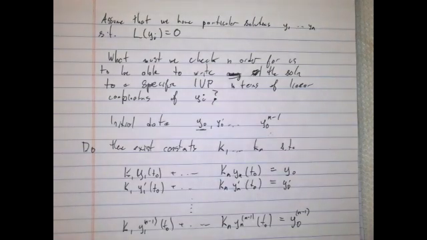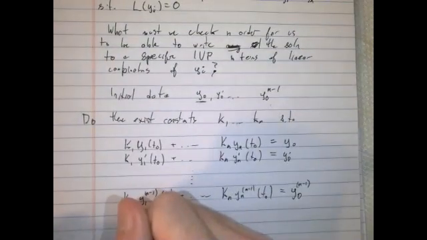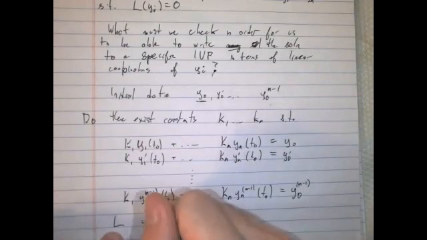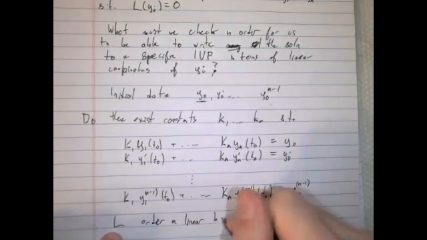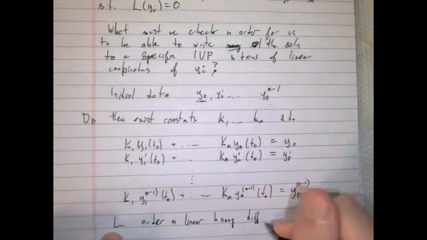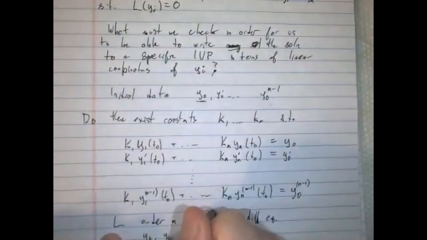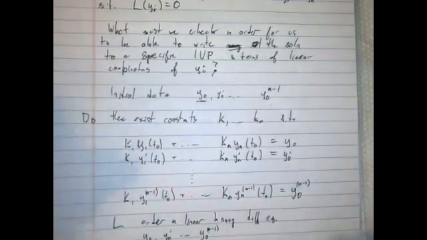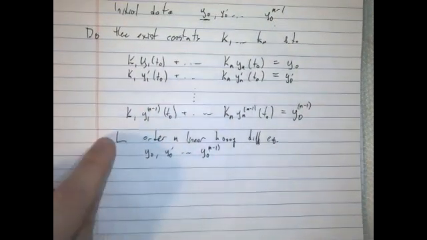Right. Okay. So what I'm saying is the following. Let's take L, an order n linear homogeneous differential equation, and some initial data, y0, y0 prime, all the way up to y0 to the n minus 1. You agree that this is the correct amount of data for an IVP for an order n linear differential equation?